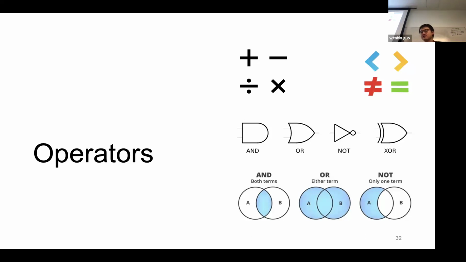XOR means if they are the same, this will give 0; if they are different, this gives 1. So basically, you have a lot of operators, and they work on 2 variables or 3 variables, describing the relationship.